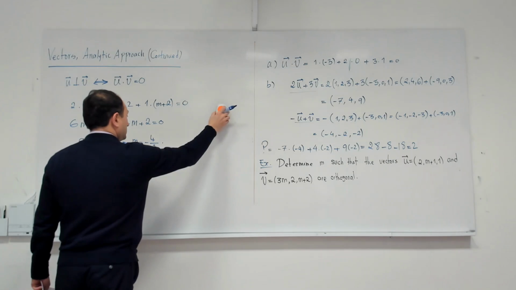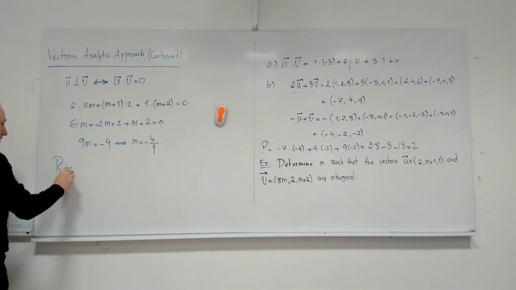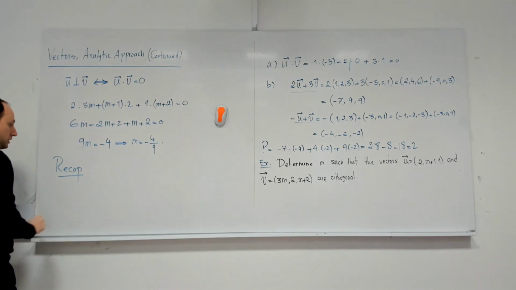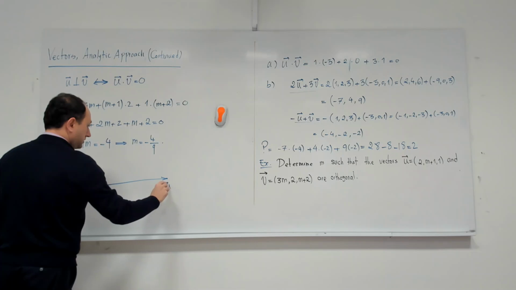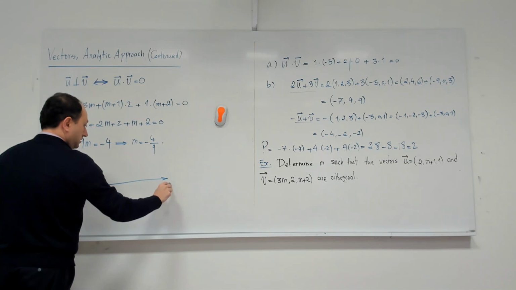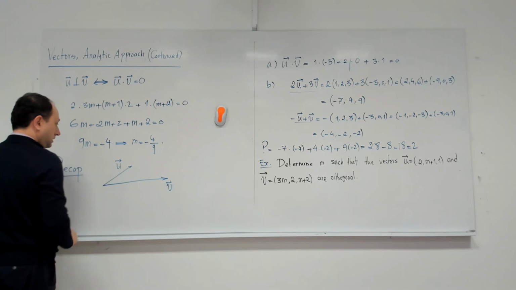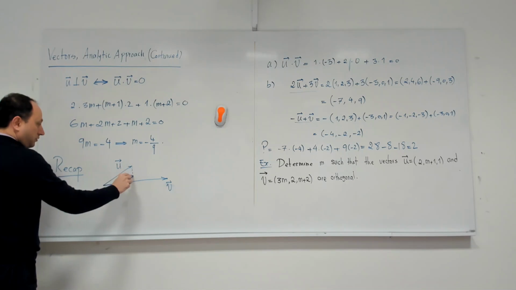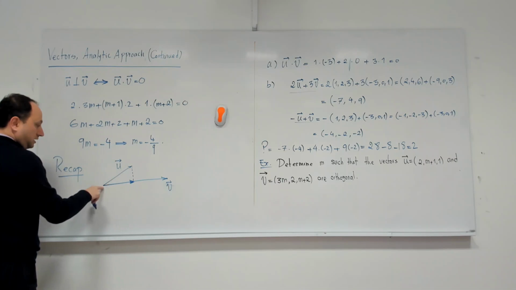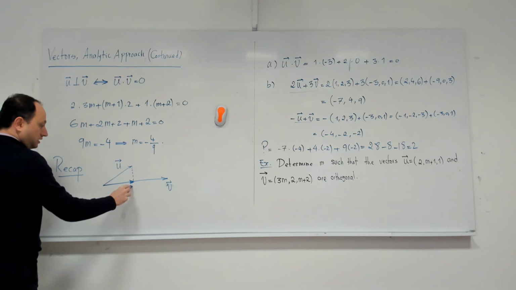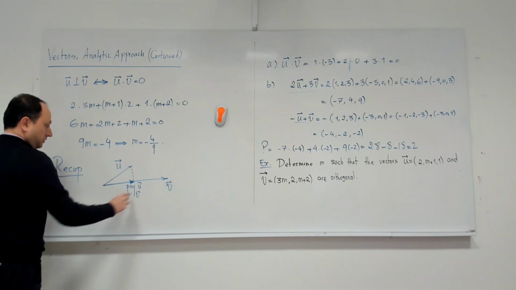Another example, let me remind you of something about this. These are actually important ones. So do you remember, if I have a vector called, let me call it vector v, and then I have a vector u, I can talk about the projection of this vector onto this vector. This vector that you see here is called the projection of vector u on vector v.